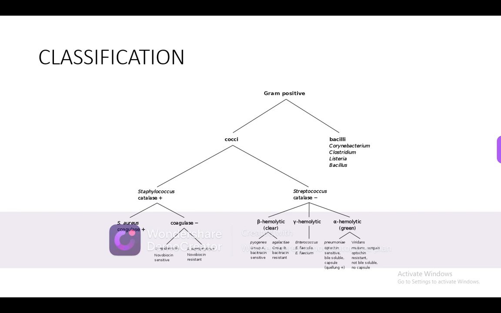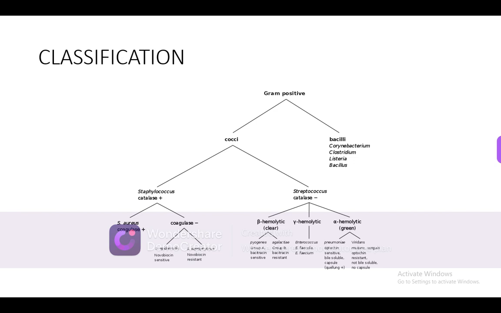Hemolytic gamma means they do not hemolyze at all. So the pathogenicity depends upon Enterococcus faecalis or Enterococcus faecium. These are important agents in some cases of vegetative endocarditis.